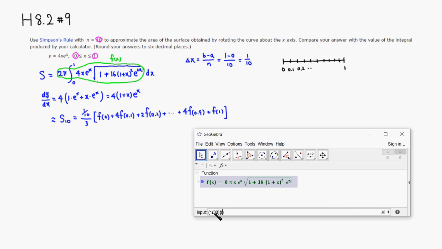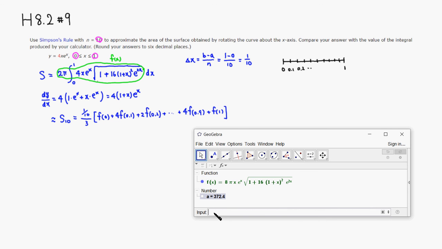Then you have f of 0 plus 4 times f of 0.1 plus 2 times f of 0.2 plus 4 times f of 0.3 plus 2 times f of 0.4 plus 4 times f of 0.5 plus 2 times f of 0.6 plus 4 times f of 0.7 plus 2 times f of 0.8 plus 4 times f of 0.9 plus f of 1.